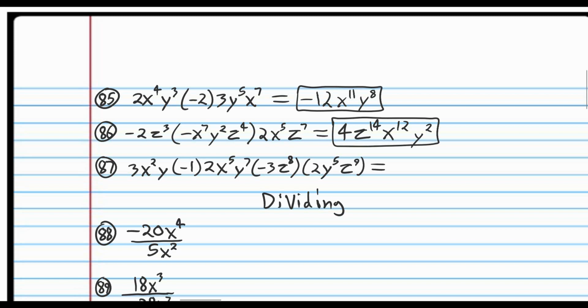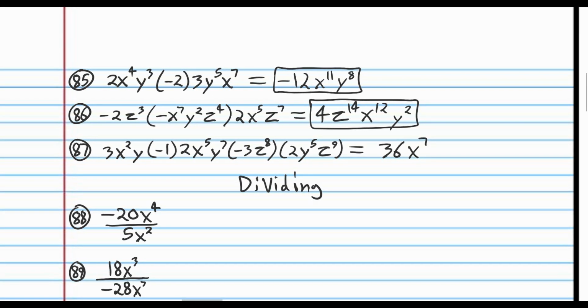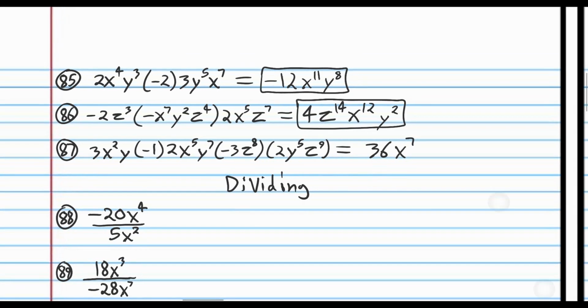So 36. And 18 times 2 is not one of our multiplication facts, so I'm sorry for putting that in there, but you're going to have to get used to doing some of these calculations in your head eventually. So we get x to the 7th. And y to the 13th, it looks like.